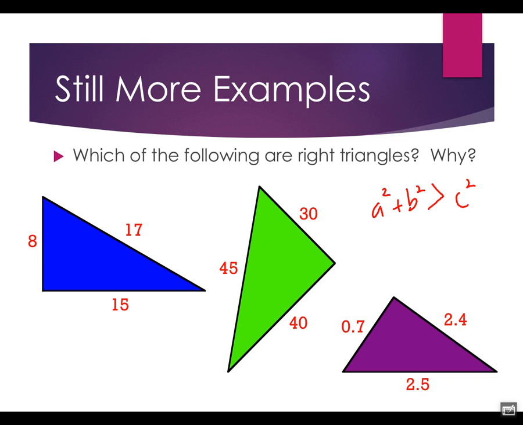I lost you on that explanation. Simon? So in that problem, 45 should be 50 if it's a right triangle, and if that number is smaller, then wouldn't the angle be caving in? Did that make sense? Say that again. So 30 squared plus 40 squared is 50 squared.